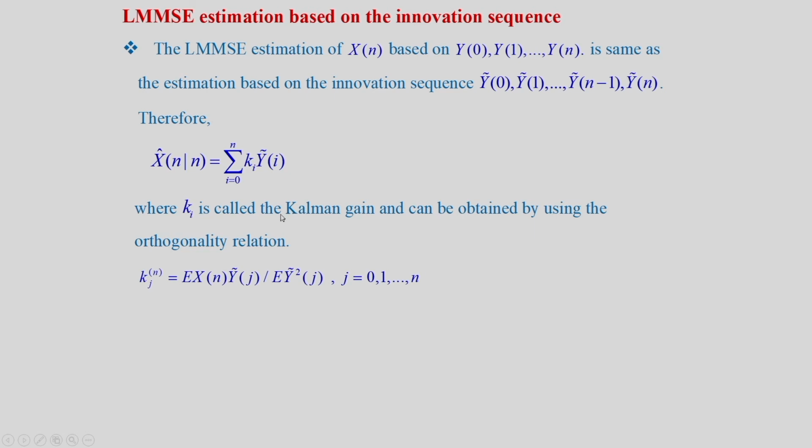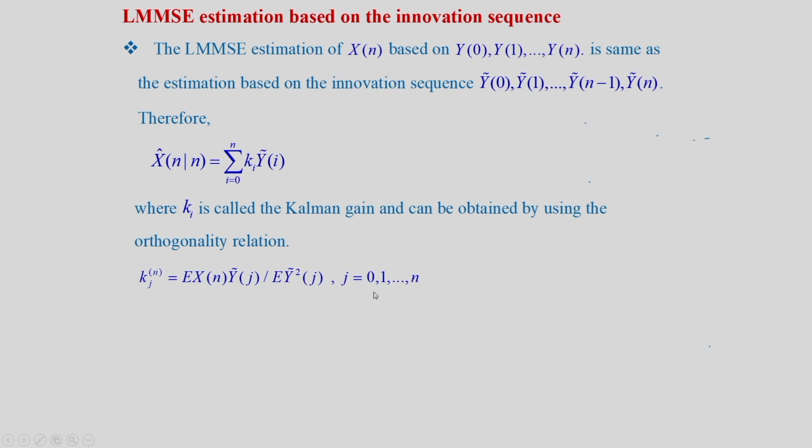We will see later on why it is called Kalman gain. These coefficients can be obtained by using the orthogonality relationship, and this is the relationship we get. Kj n is equal to E of xn into y tilde j divided by E of y tilde j square, for j equal to 0 up to n.